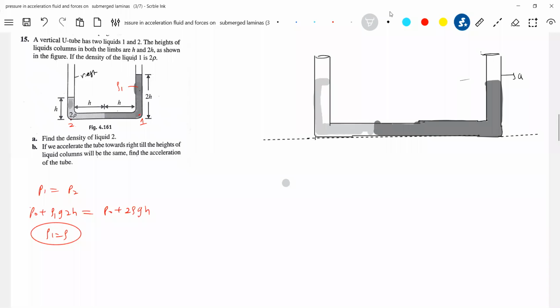What should happen to the overall volume of liquid? As there is no spill out, definitely the volume of liquid has to be the same, no? The overall volume of liquid must be equal.